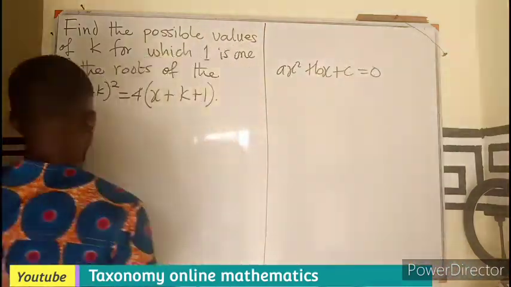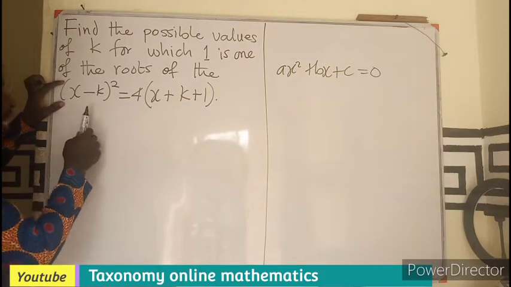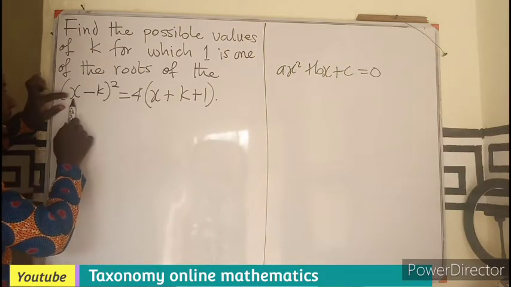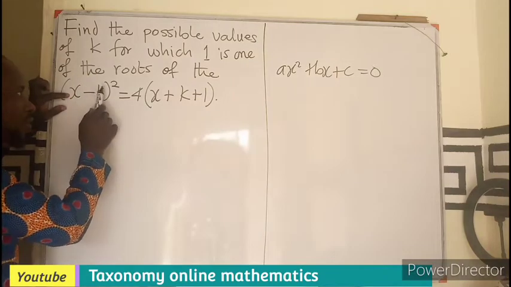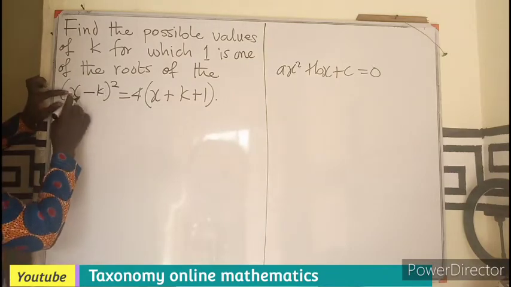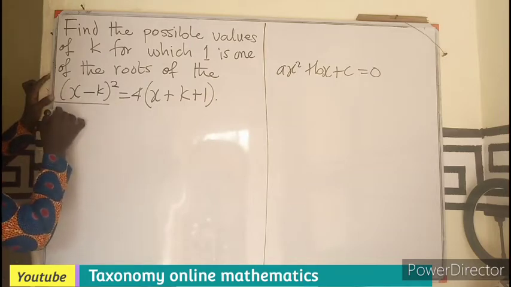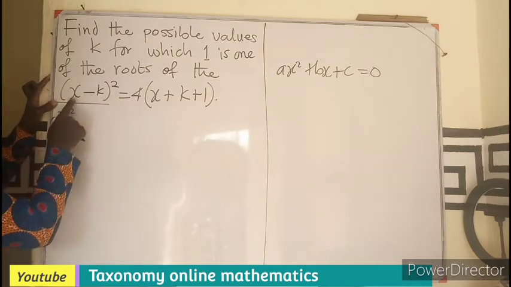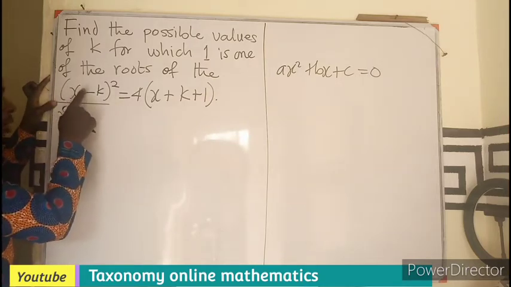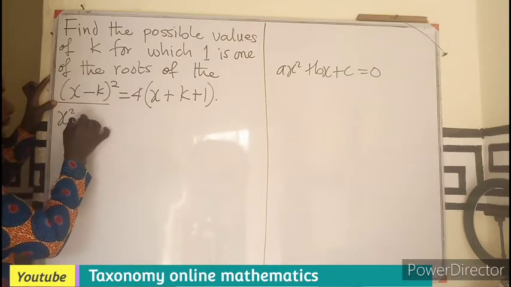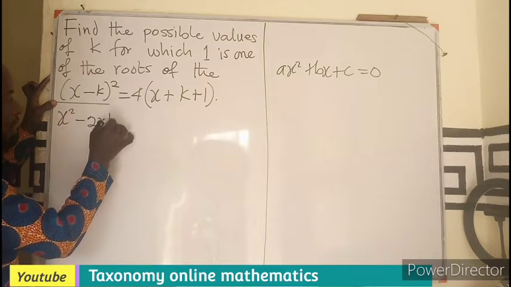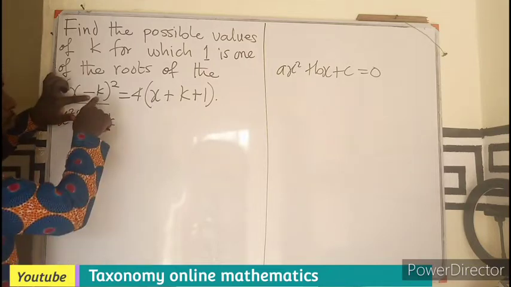So in this expansion, we know that we are going to have the square of the first term, twice their product, and the square of the last. The square of the first term, x squared, becomes x squared. Twice their product, meaning the product of x and k twice, means minus 2xk. Then you square the last.